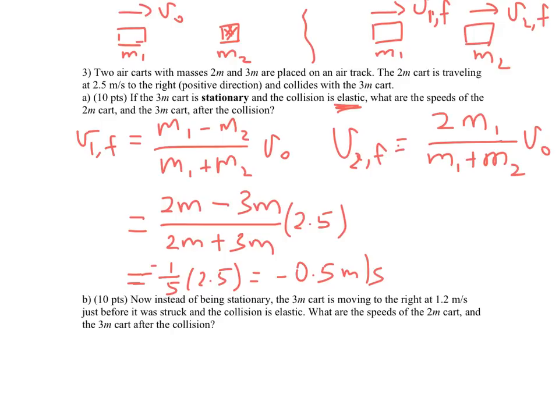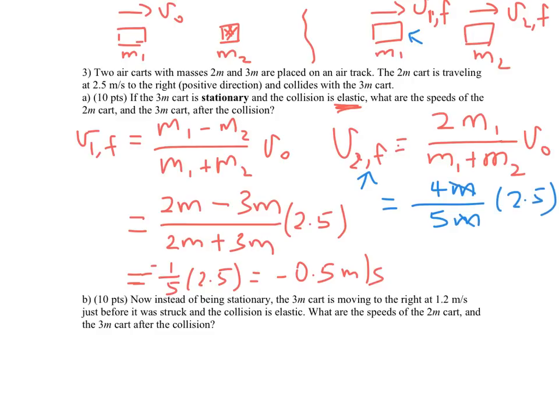Now, this is the final velocity of the first cart, m1. The final velocity of the second cart is 2m1, which is 2 times 2m, so that is 4m, over m1 plus m2, which is 2m plus 3m, is 5m, times v0, which is 2.5.